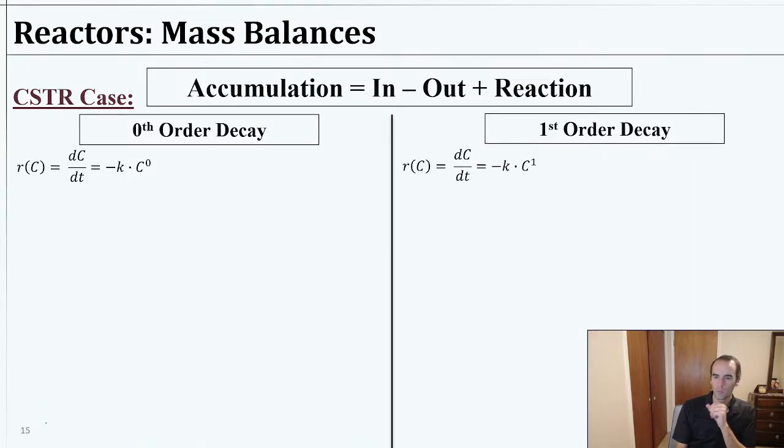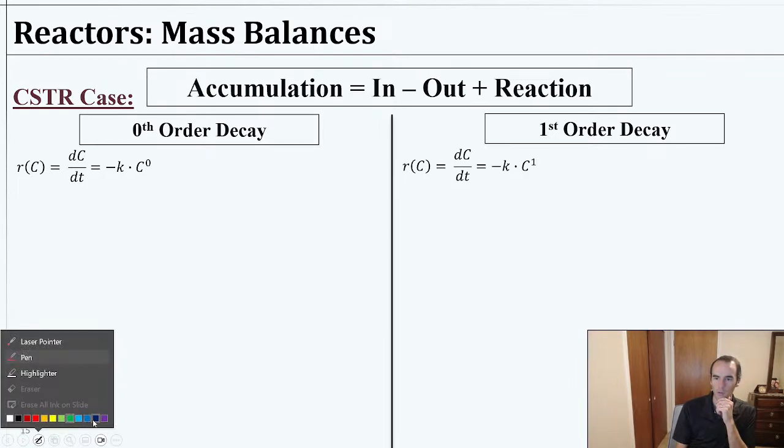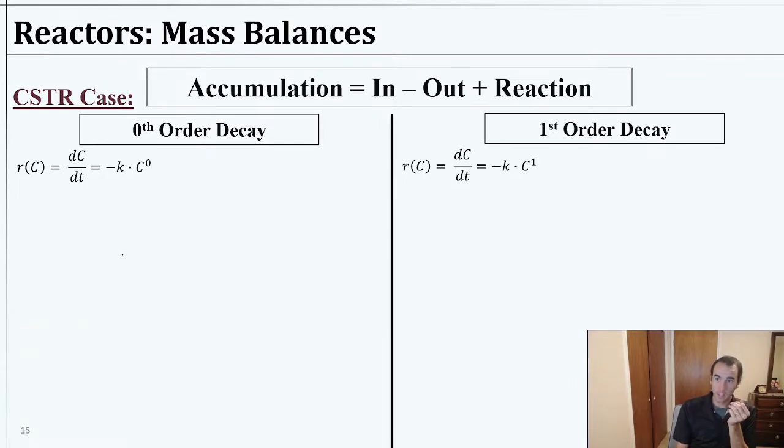So with our remaining time, I want to go over what it would look like for the CSTR case. So in this time, our inputs and outputs are not 0. What I will say is, let's assume for the sake of this portion, we will assume steady state in these systems.